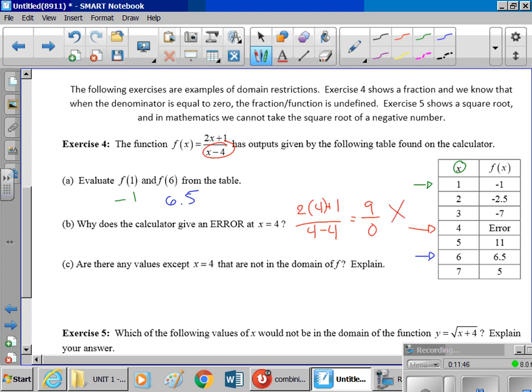All right, so why does the calculator? So let's write that out. At x equals 4, our denominator is equal to 0.